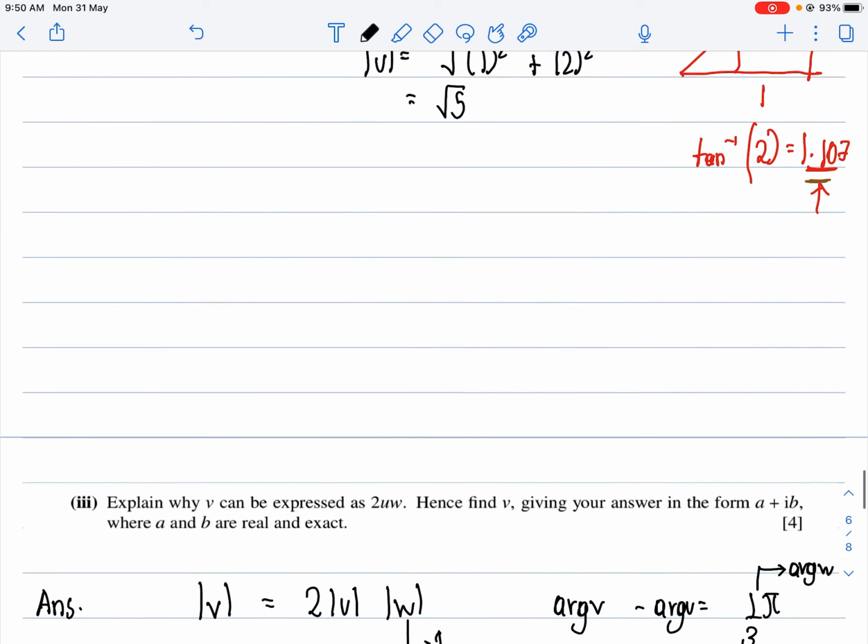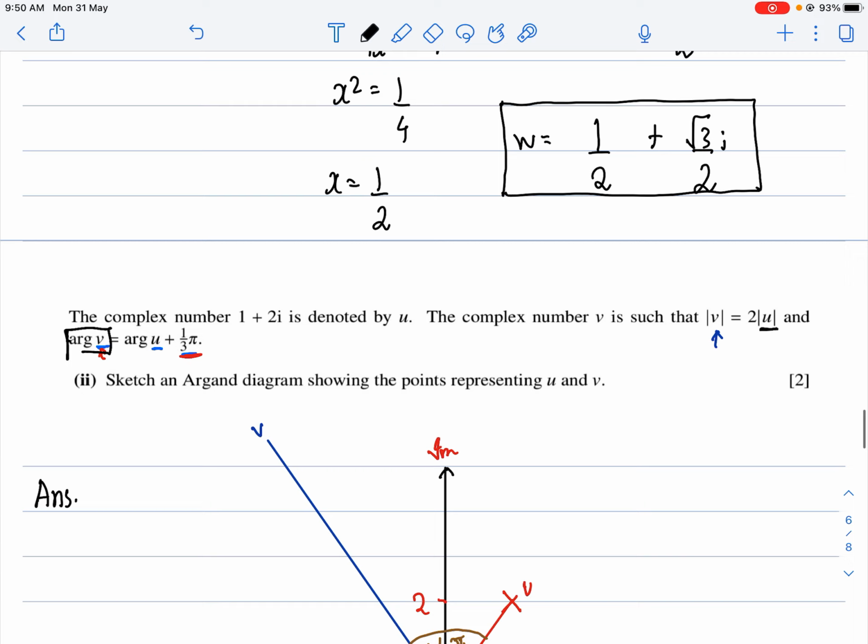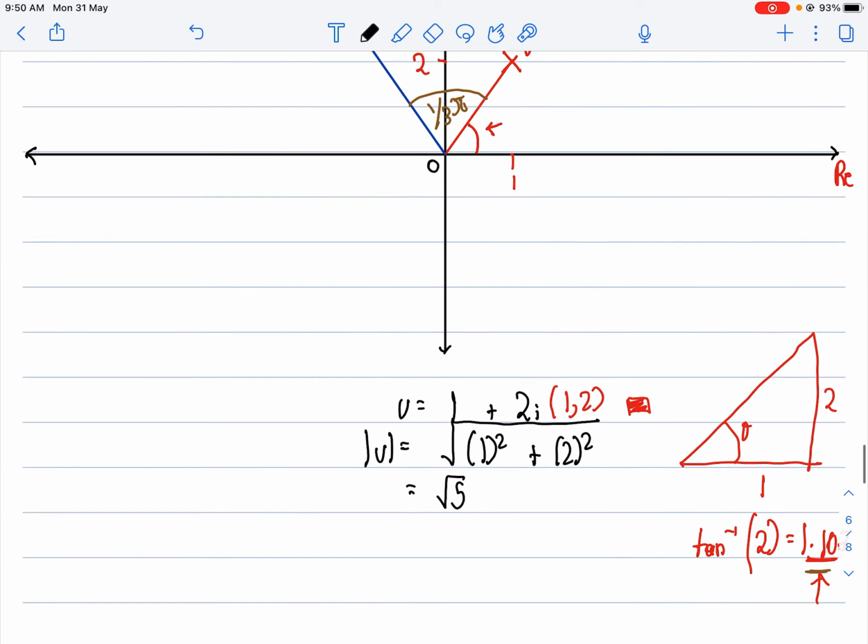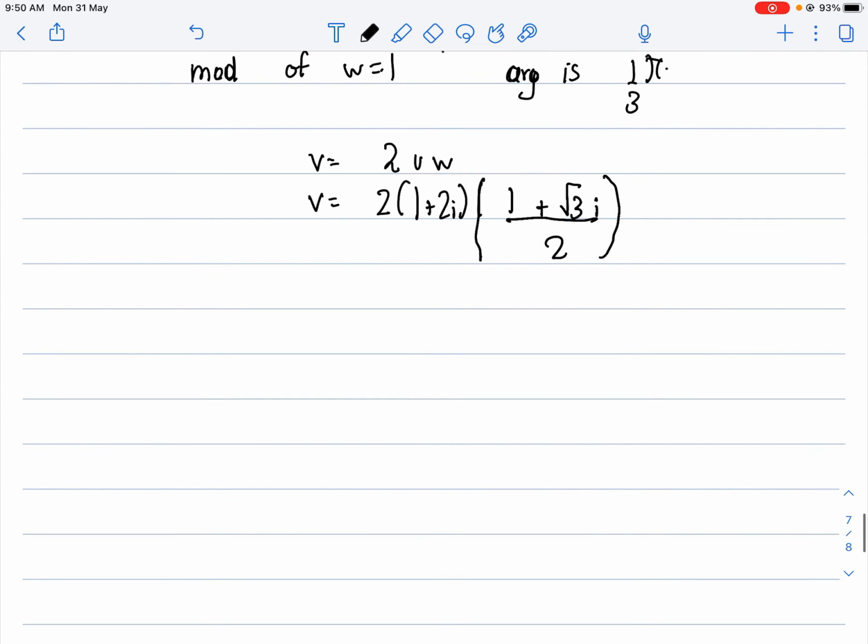Correct? I can take the 2 common here because the denominator is the same. Now I can cancel the 2 here, to simply get 1 plus 2i into 1 plus root 3 i.